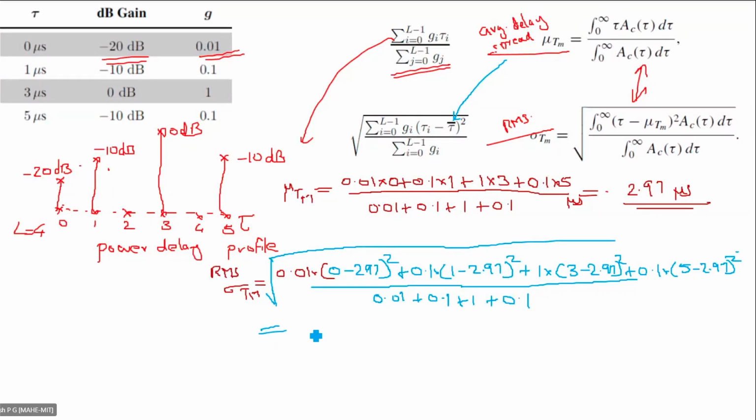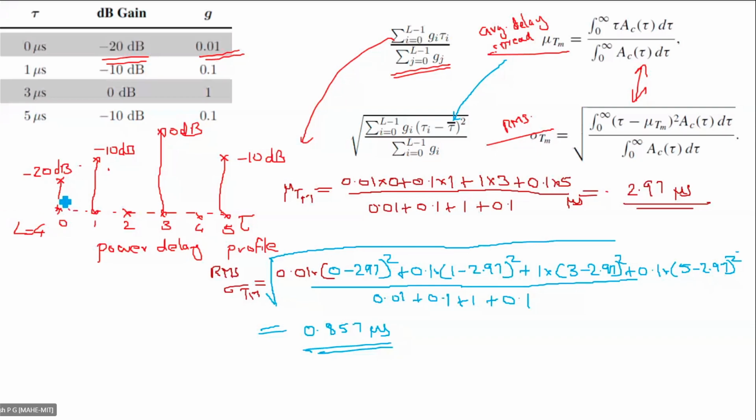Yeah, it is 0.857 microsecond. So we have the average delay spread as 2.97 microsecond and RMS delay spread as 0.857 microsecond.